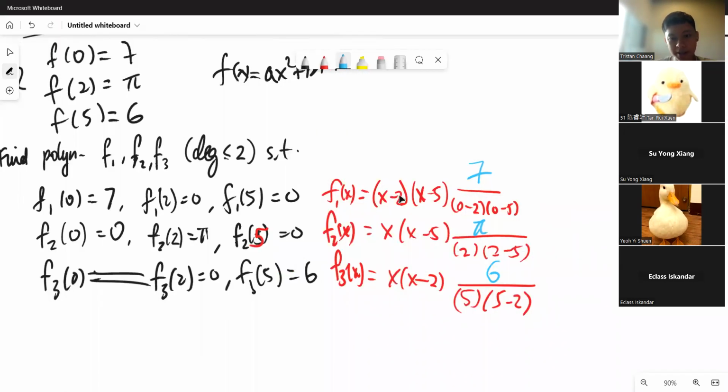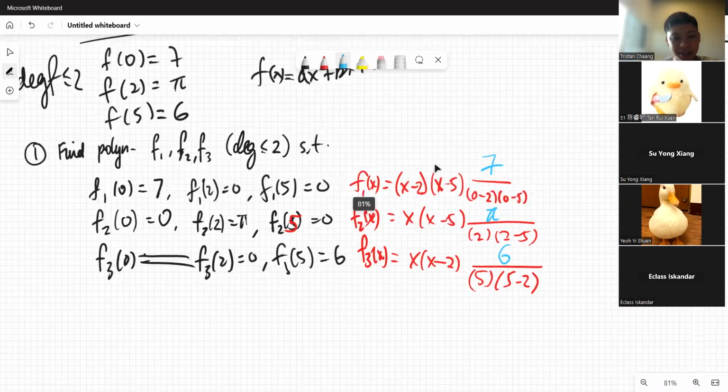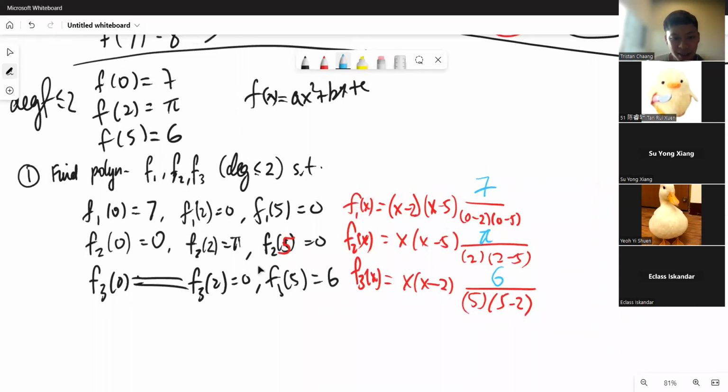The remaining part is the other two terms, like x minus 2 and x minus 5, divided by the expression where you substitute x as the point you want. Does that make sense? Can everyone see the pattern? If I give you another f4, can you construct it very, very quickly?